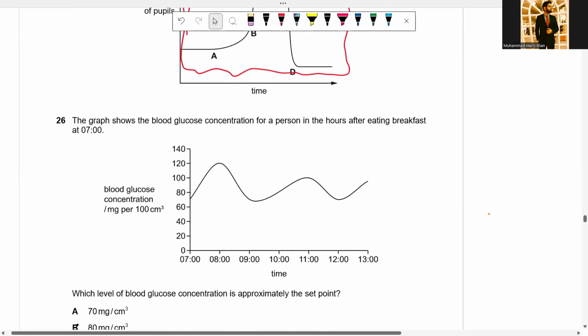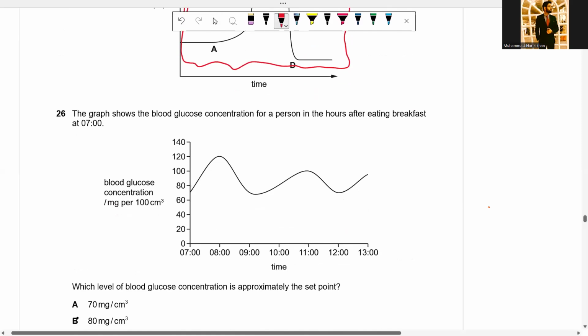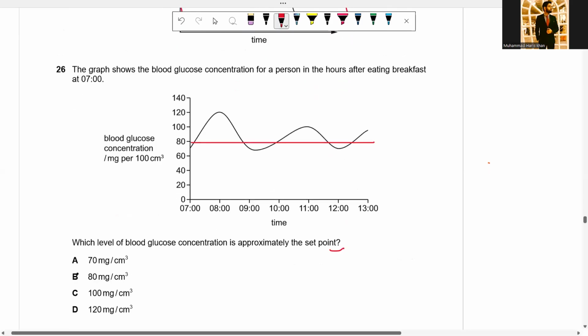Question number 26. The graph shows the blood glucose concentration of a person in the hours after eating breakfast. Blood glucose level. Now look at this point. This is actually the set point.